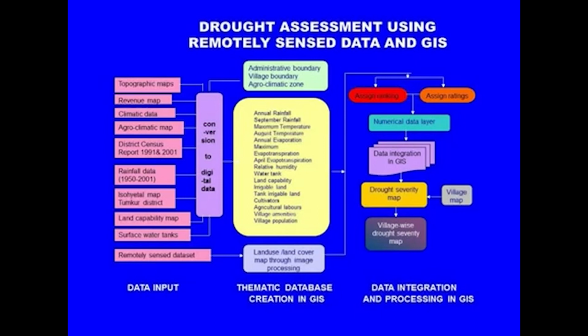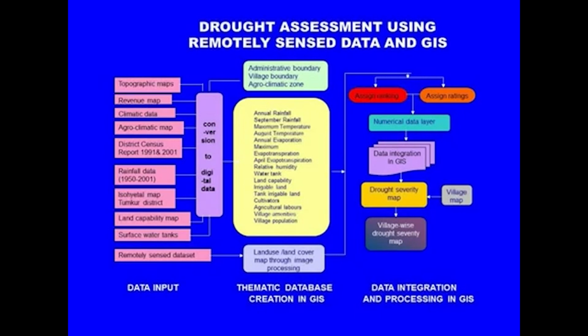Having acquired this information, naturally this data set has to be created within a GIS framework, so that one can have a GIS database through which data manipulation and analysis for various aspects can be undertaken.